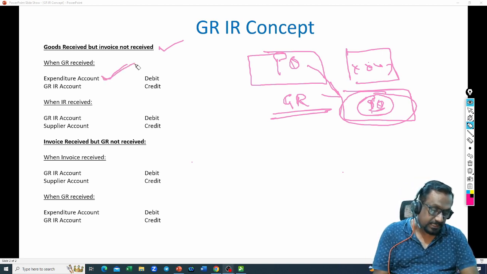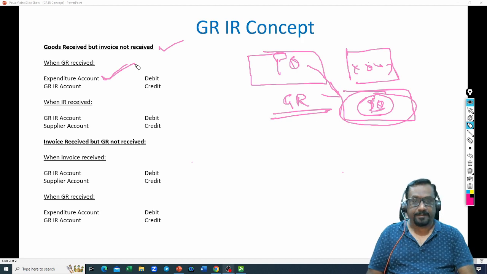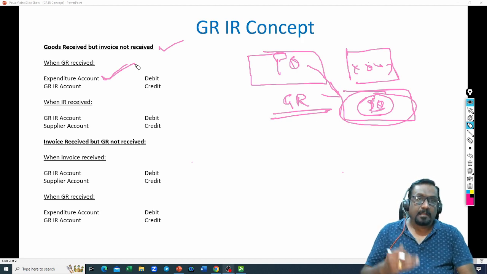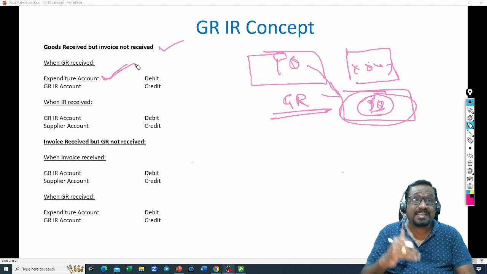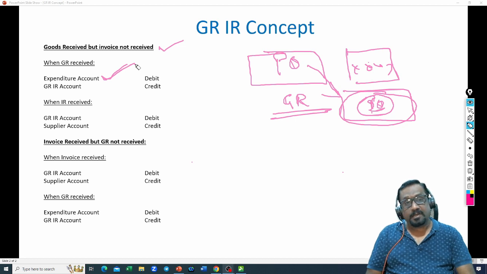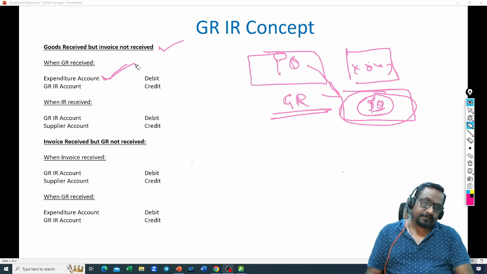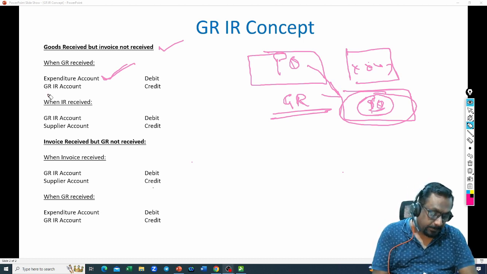So expenditure has to be debited. Then who provided those goods to us? Supplier. So supplier is the giver. Supplier comes under personal account. What is the rule for a personal account? Debit the receiver, credit the giver. Here supplier is the giver. So I need to credit the supplier account.